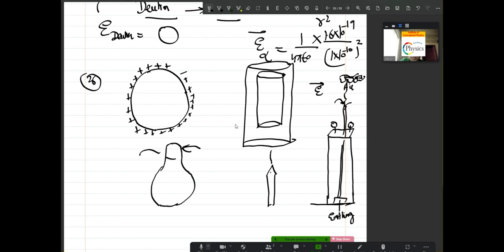But the question is, you want the charges to be retained on it, right? This particular lightning conductor will not retain the charge. It will get the charge and send it through and finish. You don't need to retain anything on it. You want it to be used for conducting, that is flow of charge.